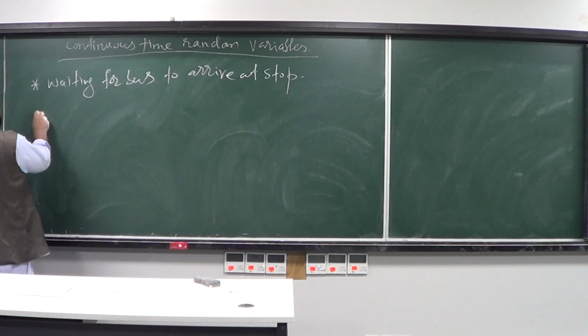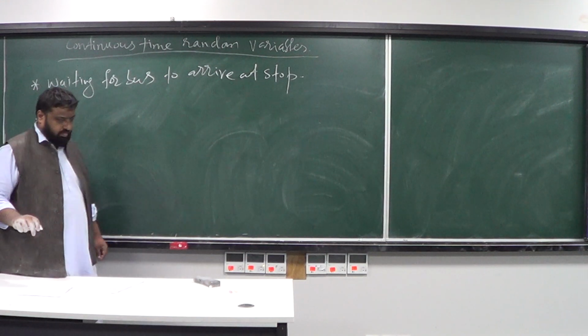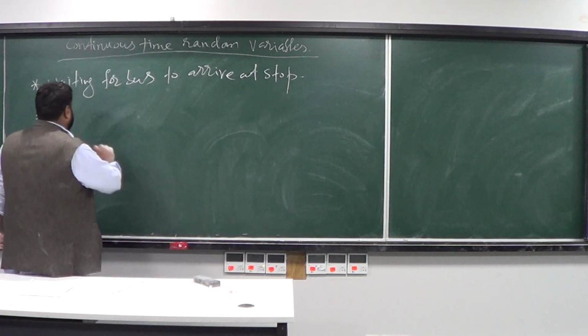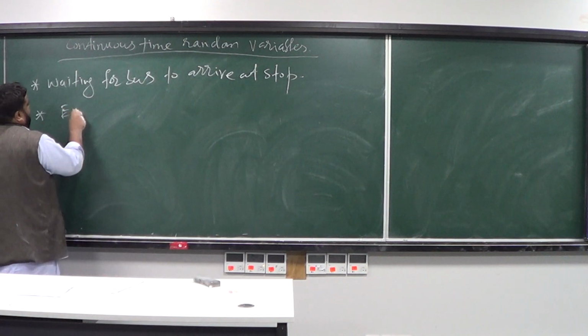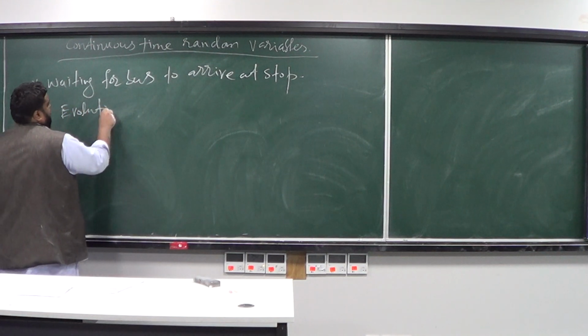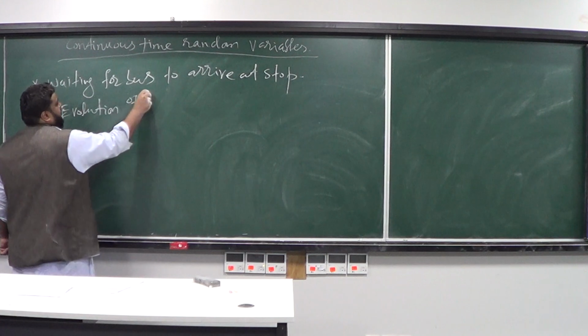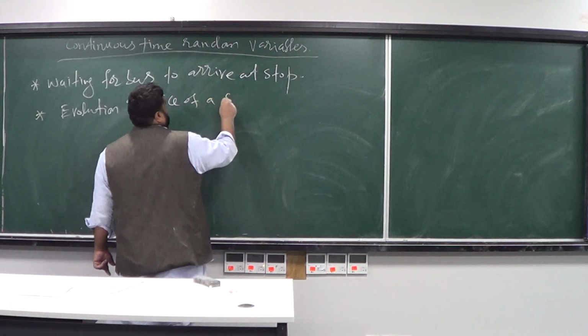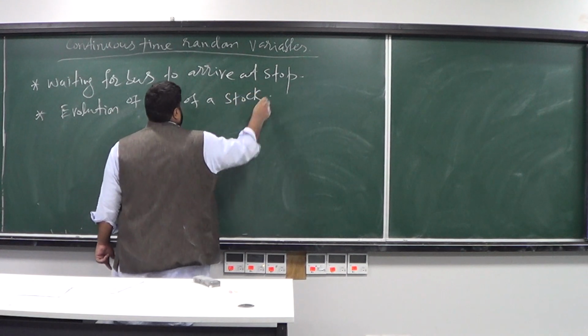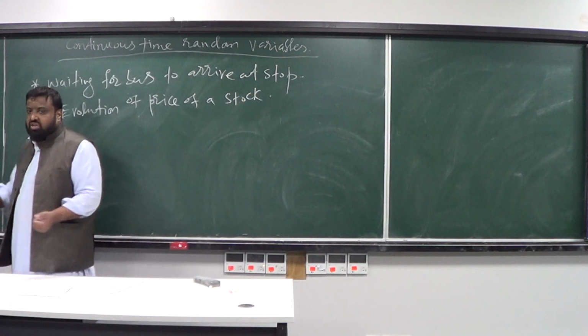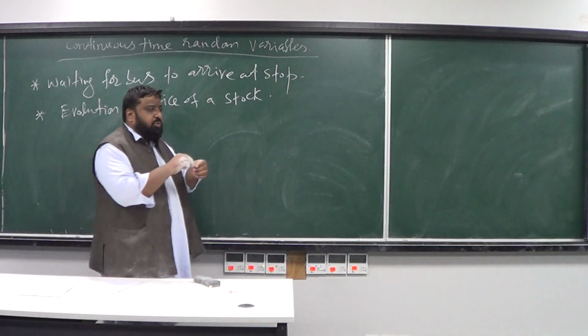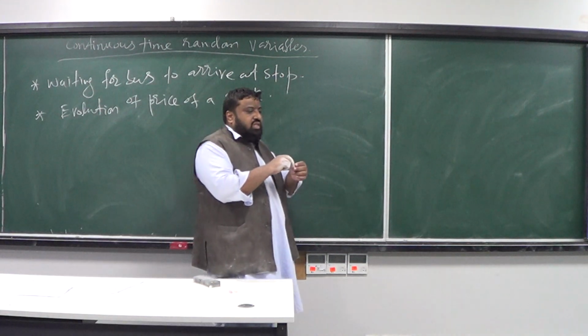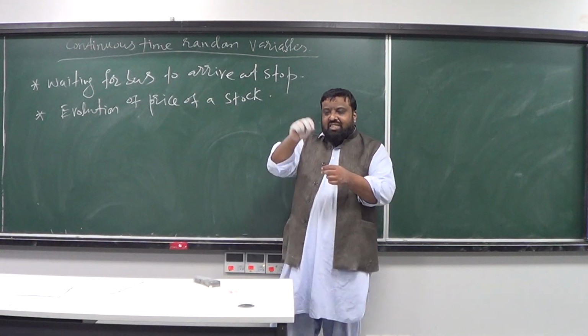What could be some other examples? Say, evolution of the price of a stock actually. Okay, if you take a particular stock, its price always goes up and down.